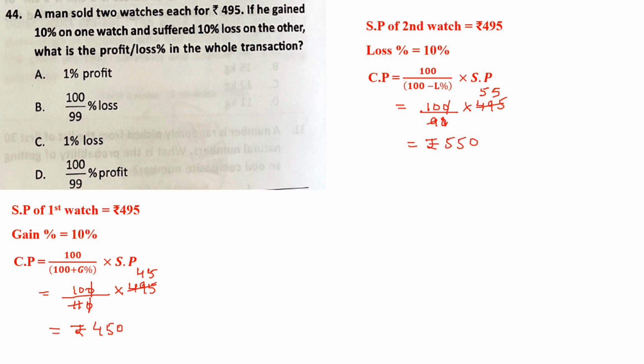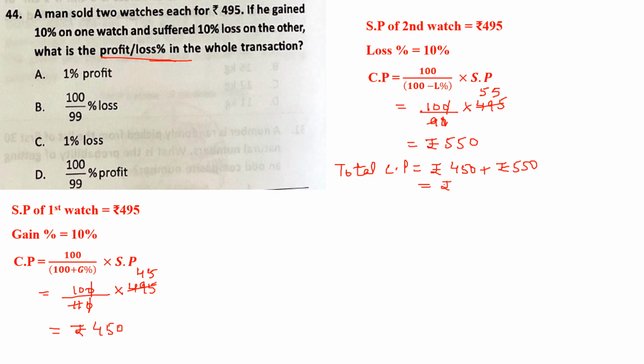Now the next question says you have to find the profit or loss percent. For that, first you have to find whether it is a profit or loss. So find the total cost price. The total cost price will be 450 plus 550. 450 was in the first case when there is a gain of 10% and 550 when there is a loss of 10%.